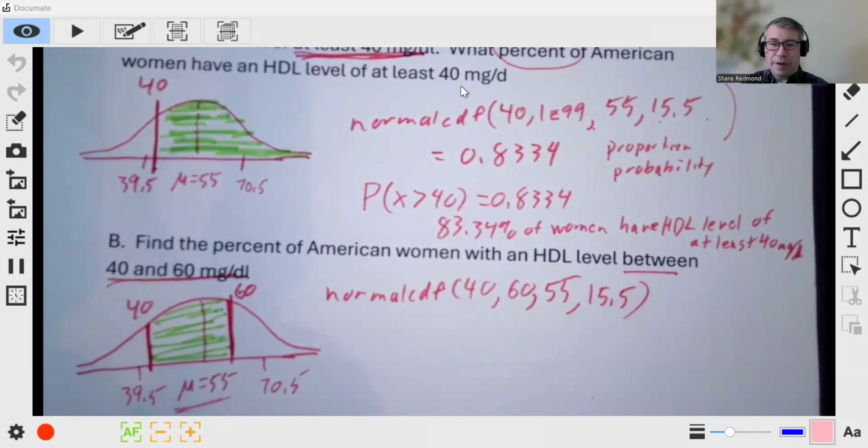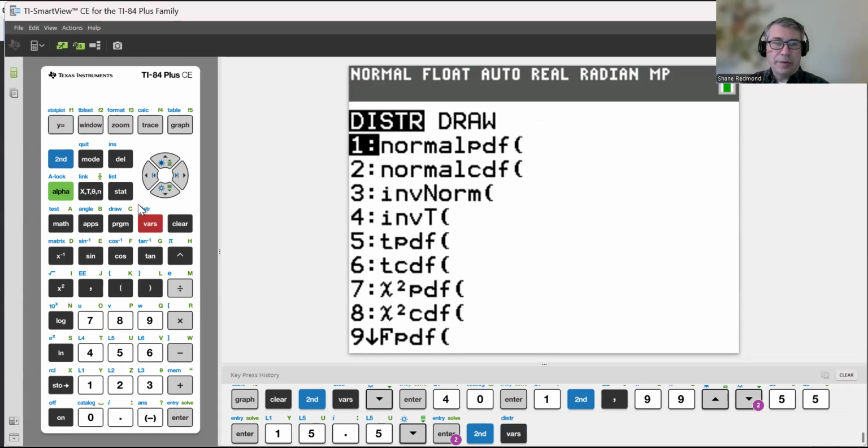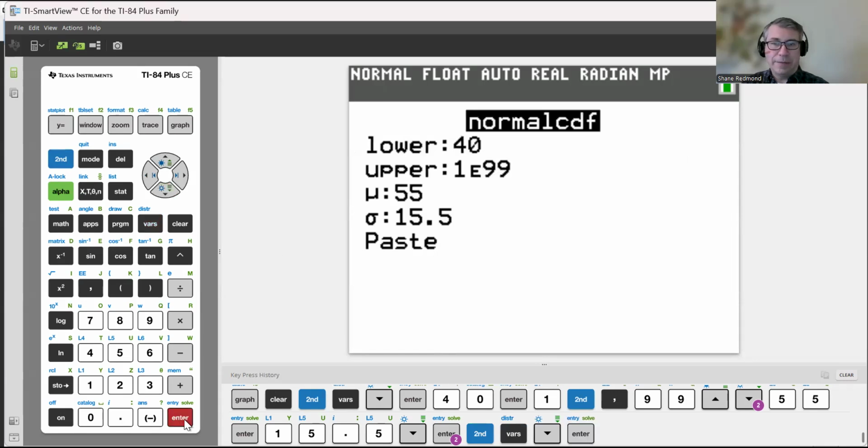Let's review one more time how to actually put that into our calculator. So again, a reminder, these commands that help you with the normal distribution are under the distribution button. So I hit second, variables, the distribution button right beneath those arrow buttons, and I choose the second one down, normal CDF.